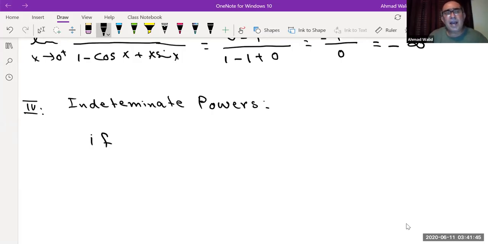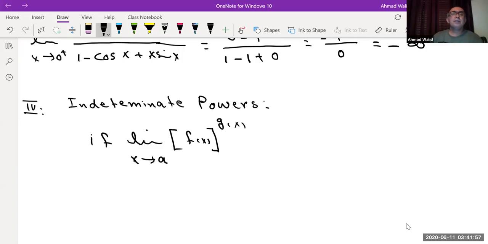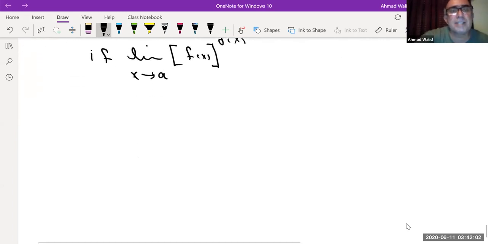Look, if I have the limit of f of x to the power of g of x as x approaching a, three things can happen, three forms of them we will study here.